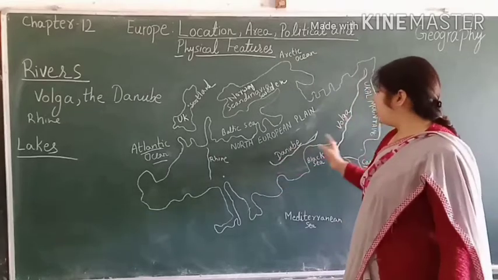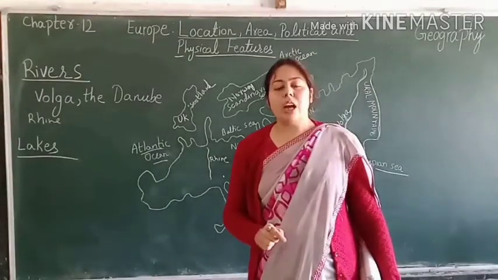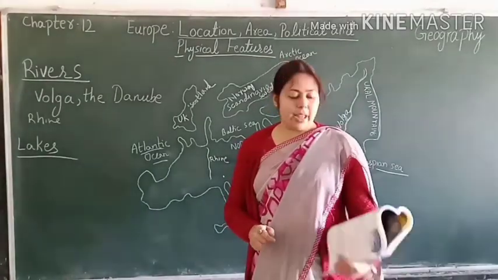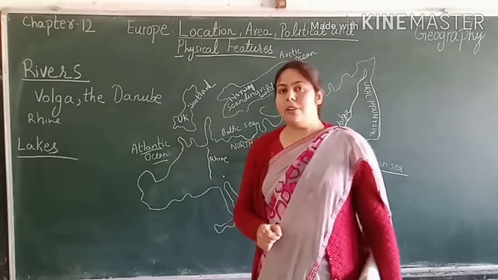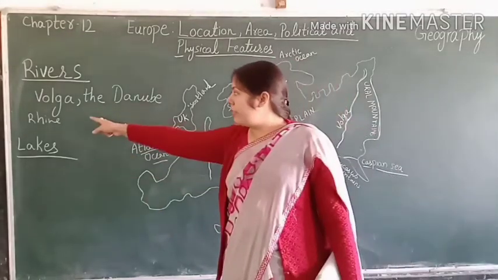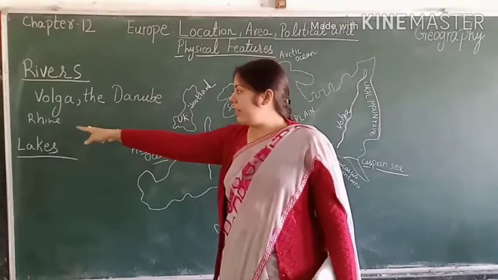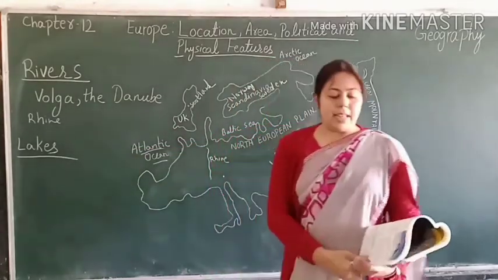So these three rivers are the main rivers found in Europe: the Volga, the Danube and the Rhine.